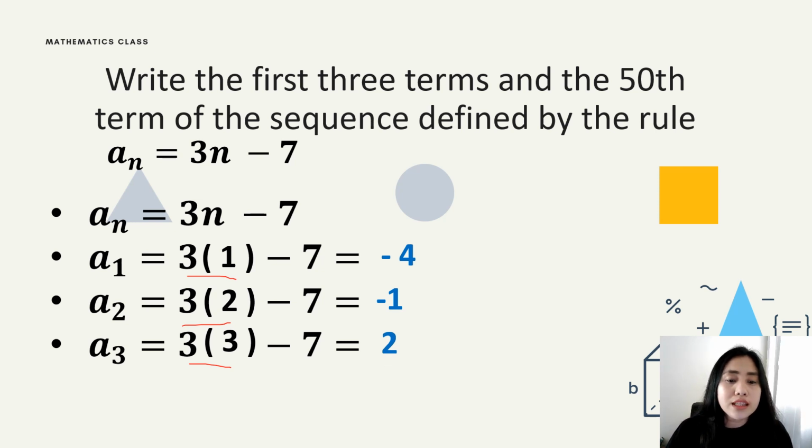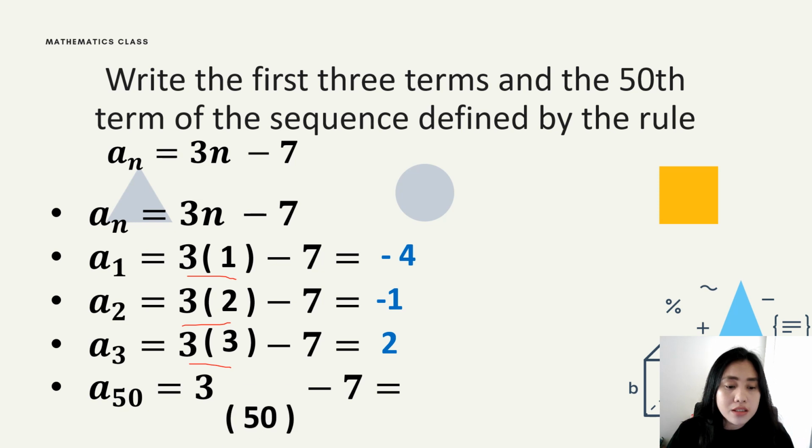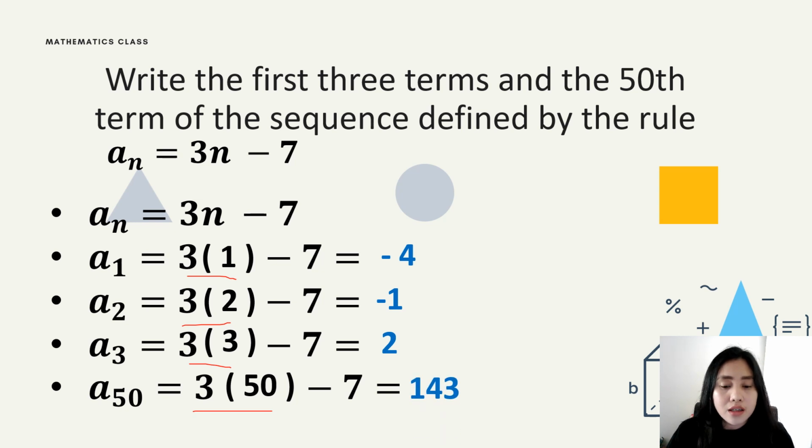Ayan, meron na tayong first 3 terms. And to get the 50th term, a sub 50 is equal to 3 times 50, which is equal to 150 minus 7, equals 143. Therefore, the 50th term is 143.